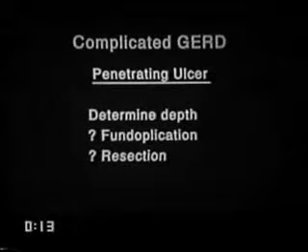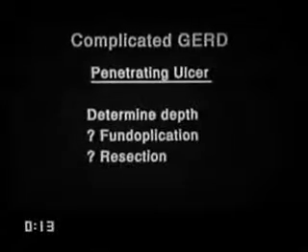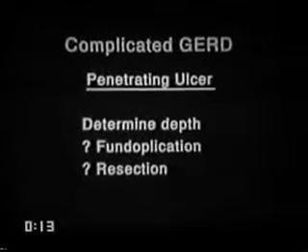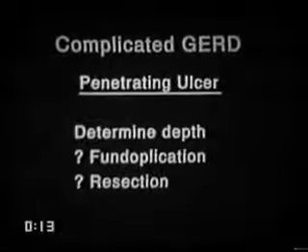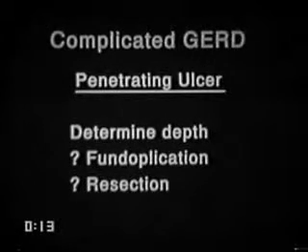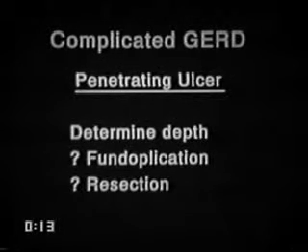Once you've ruled out the existence of carcinoma, the operation is done transthoracically once again because it's important to determine the depth of the ulceration. If it's penetrated into the mediastinum, then resection is necessary combined with reconstruction.